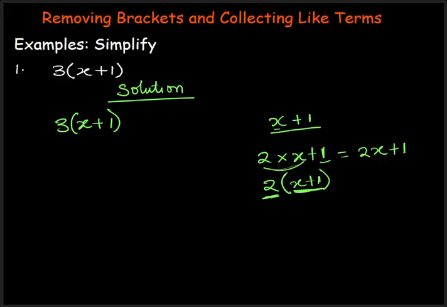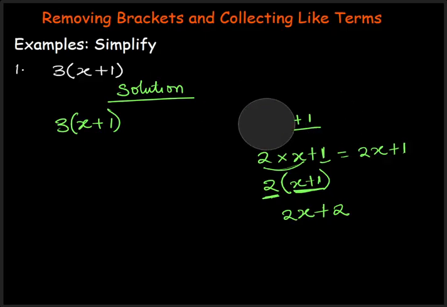So 2 will multiply x, and that will give us 2x. And 2 will also multiply 1, and that will give us plus 2. Have you seen the difference? This is why a bracket comes in. So when you see a bracket, anything beside that bracket will multiply everything inside the bracket.